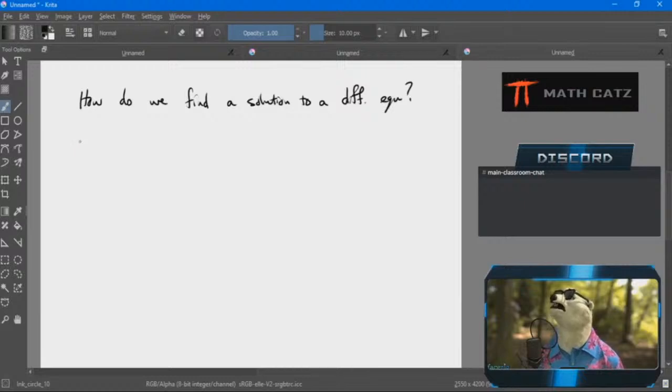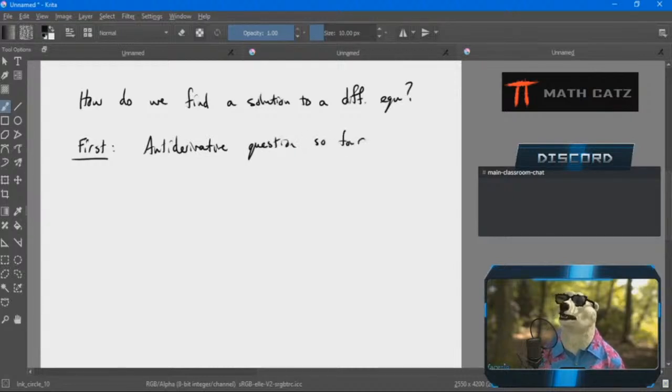So first, let's look at what we have done so far without realizing it in our antiderivative questions. We've done differential equations without realizing it.